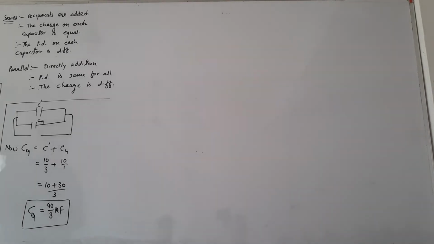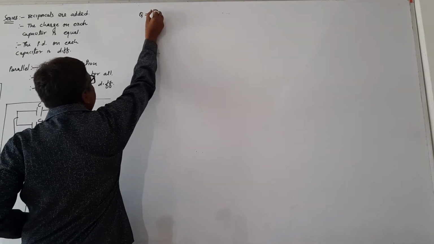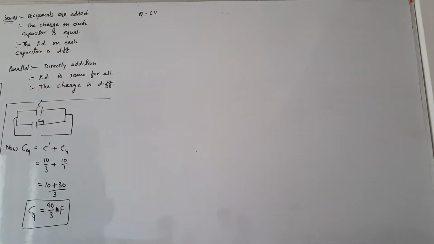Here you know that we have Q is equal to CV. But here I told you that the potential difference on each capacitor is different. So here V1, V2 and V3.